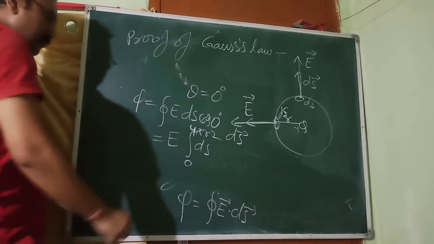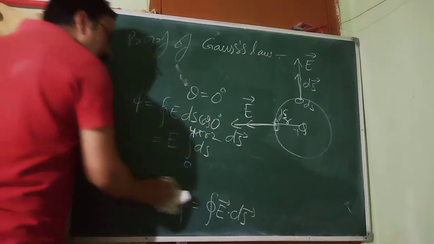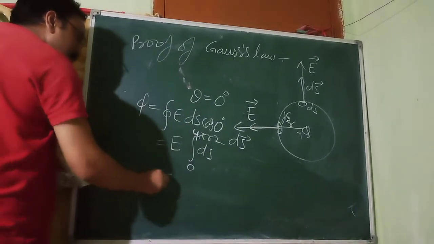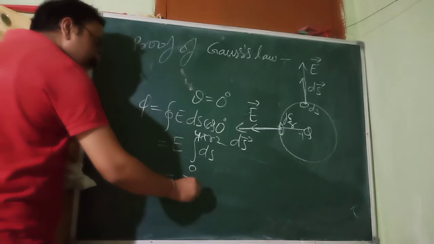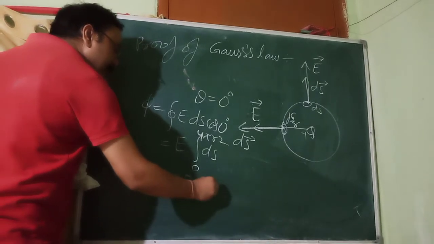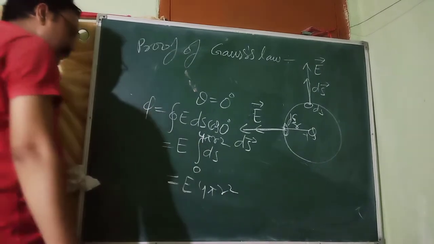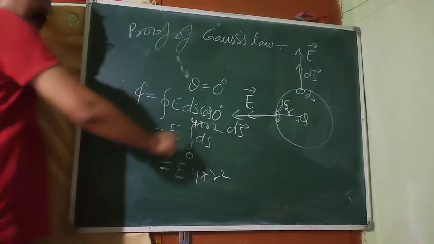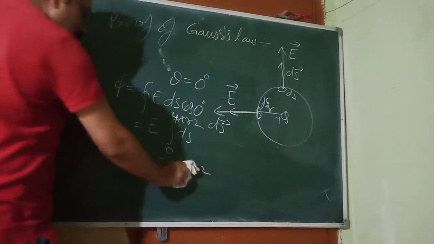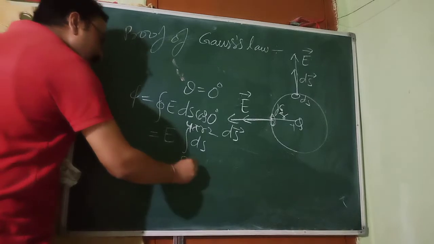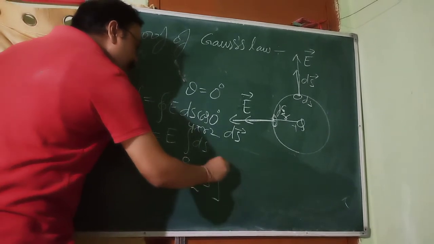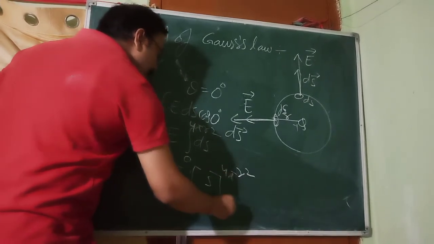Okay, so we can integrate this now. Integrating, what will we get? We will get E into 4 pi r square. Because integrating ds you will get s, and then you can put the value like this. I am not going to skip the step at all. You will get s, and then you can put 4 pi r square here, and here it is 0.